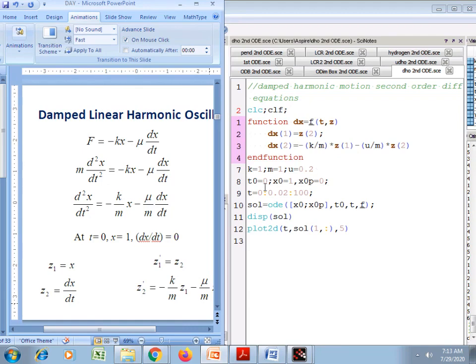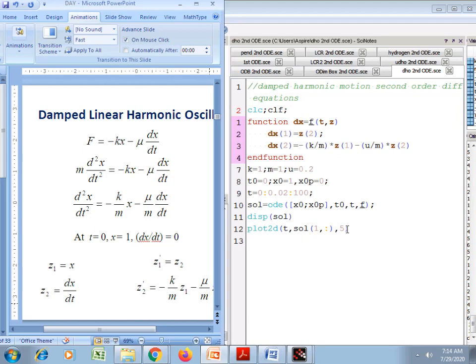Then the initial conditions: t0 is 0, x0 is 1, x0 prime is 0. Then the time is from 0 to 100 with a step size of 0.02. Then the solution is equal to the ODE function with the arguments x0 and x0 prime, t0, t and the function f. The display command will display the solution and the plot2d command will plot the solution, that is x against t.